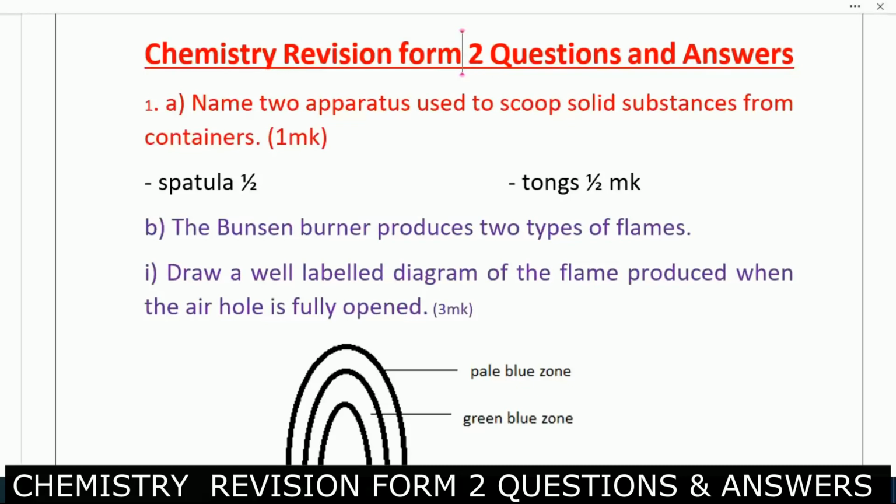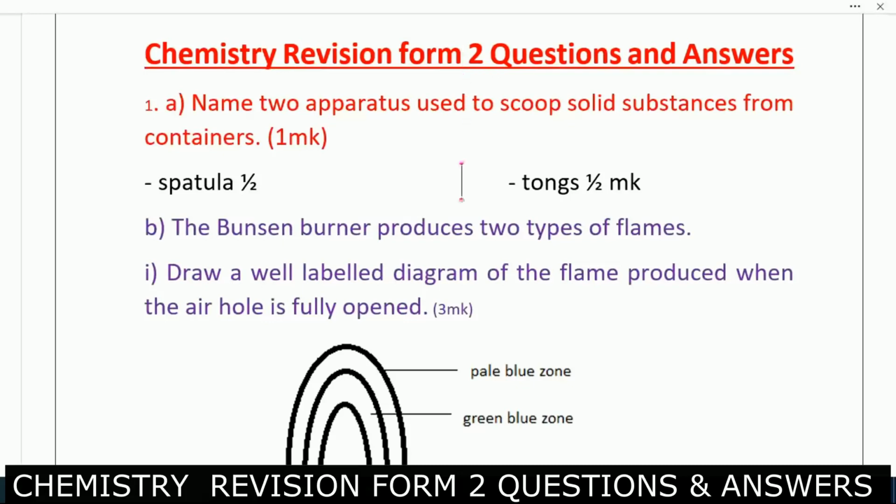Number 1, name 2 apparatus used to scoop solid substance from containers. You can use a spatula or tongs. Number 2, the Bunsen burner produces 2 types of flames.